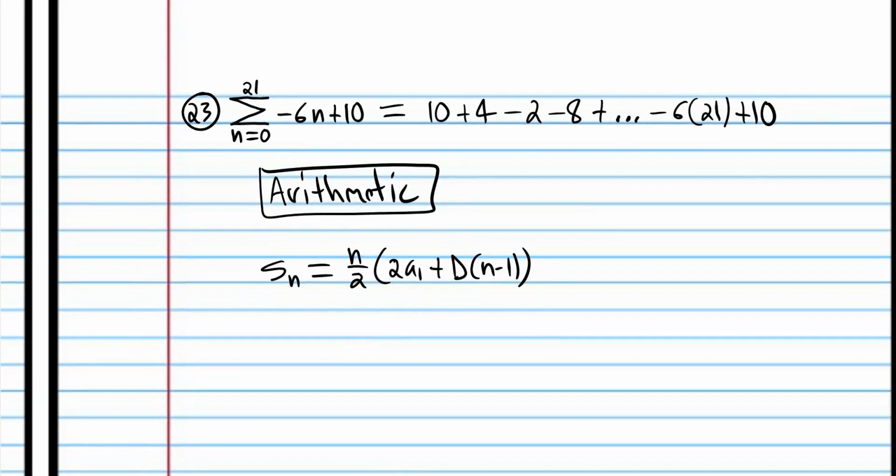And again, the big question is, what is n going to be? Well, if the lower bound was n equals 1, then it would be 21 terms. But since it's 0, it's going to be 22 terms. And the common difference looks like it's going to be negative 6.